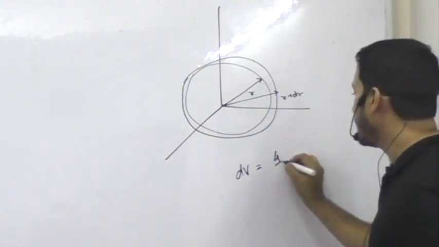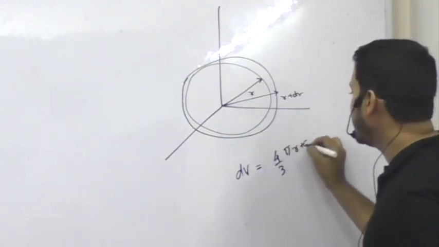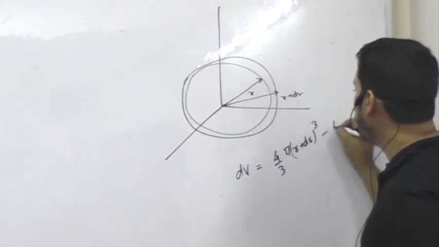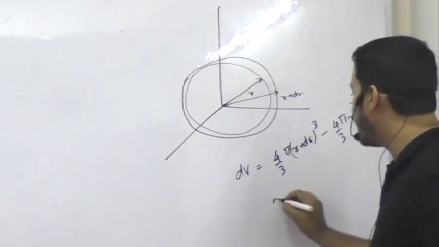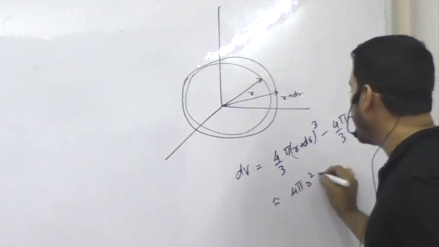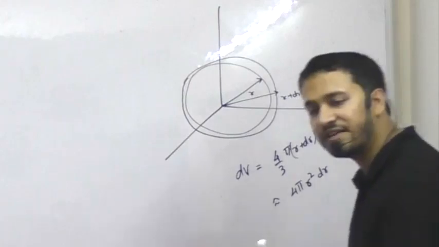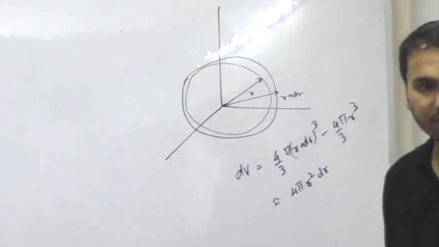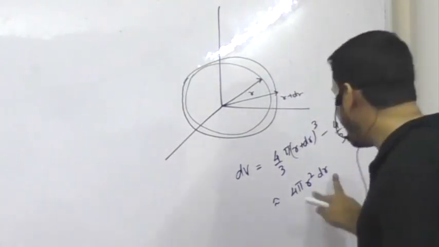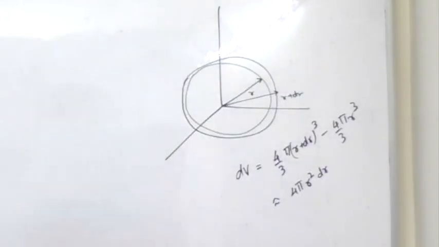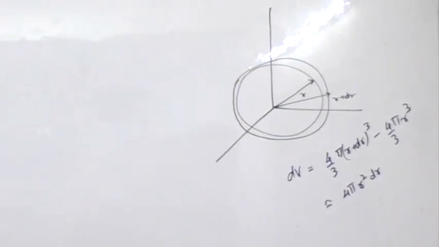What will that be? 4 by 3 pi (r plus dr) cube minus 4 by 3 pi r cube, right? This will be approximated to 4 pi r square dr. Now how this happens we will not see right now, right? But this is approximated to 4 pi r square dr. This is the volume, and I multiply this volume with R squared, which represents the probability density.